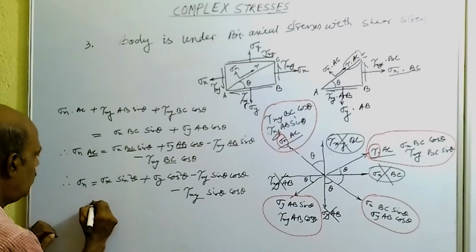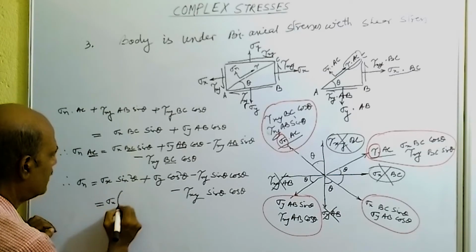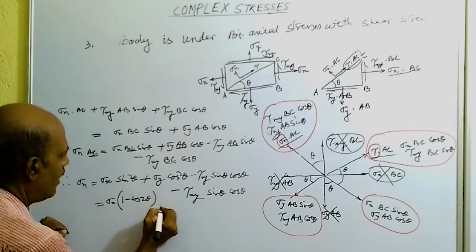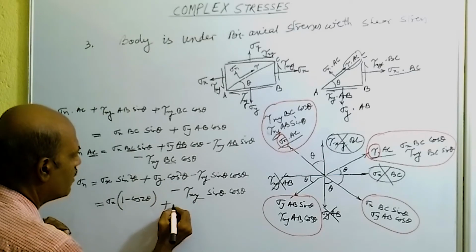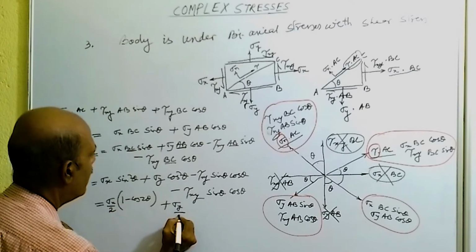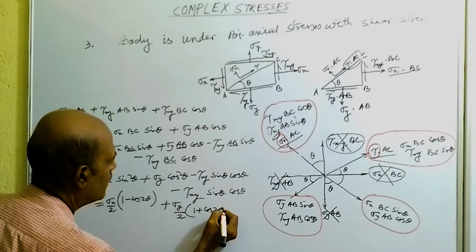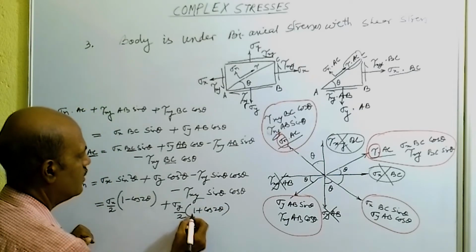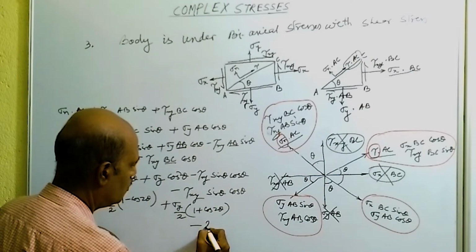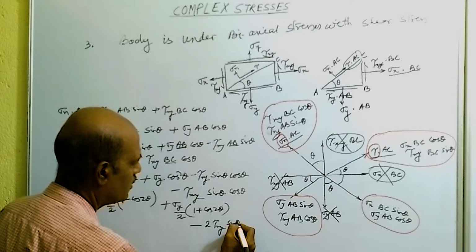So that gives sigma x, where sin square theta is equal to (1 minus cos 2 theta)/2, plus sigma y, where cos square theta is equal to (1 plus cos 2 theta)/2, minus 2 tau xy sin theta cos theta.